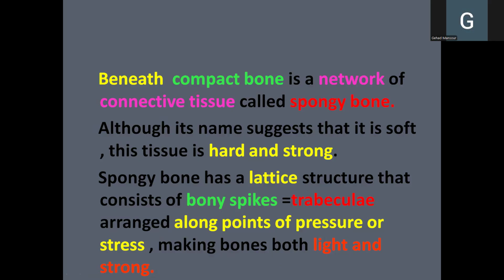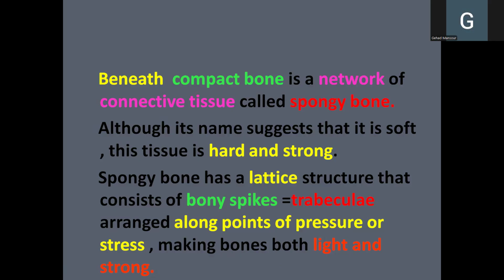It's interesting to know that the arrangement of those trabeculae and how they interconnect and intersect with each other is not fixed, but it differs according to the external stimuli or pressures that are applied to the bone.